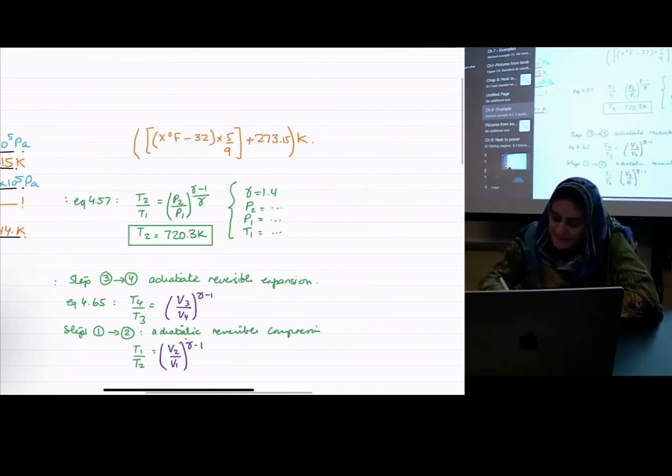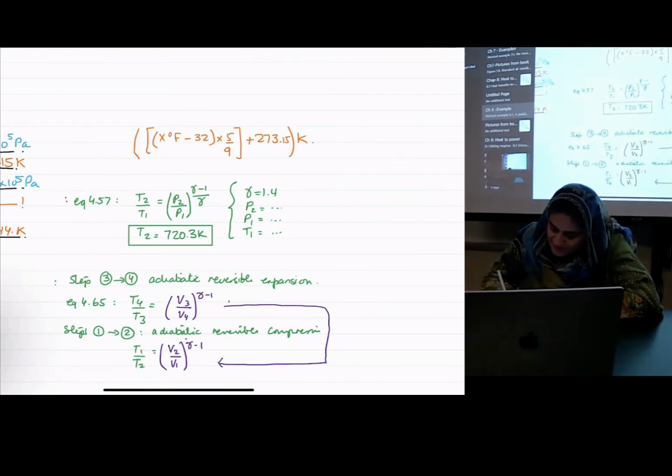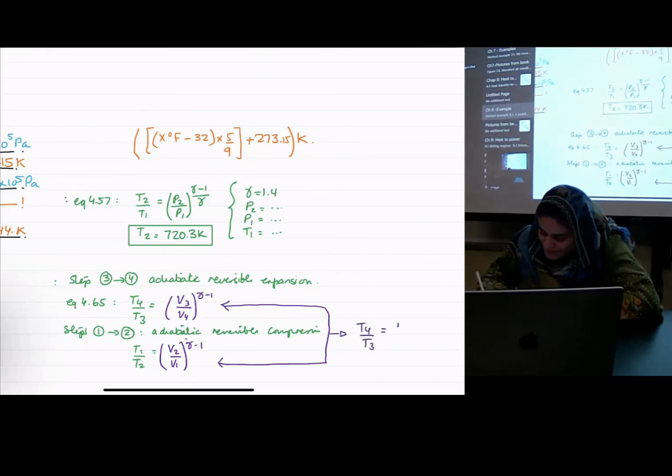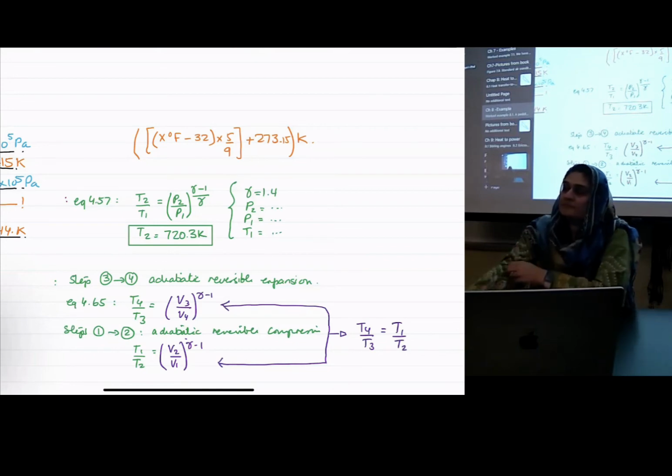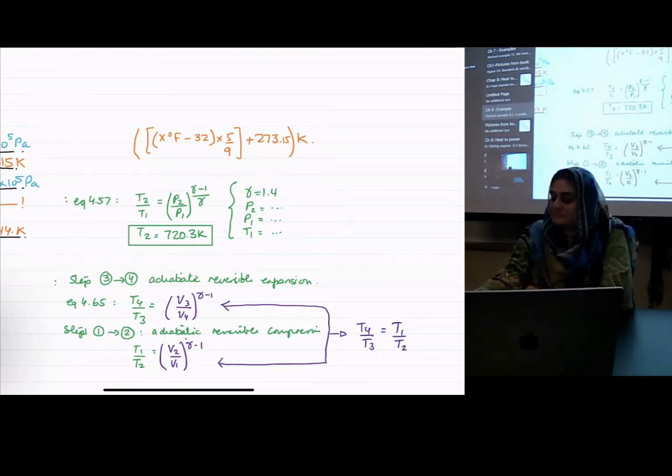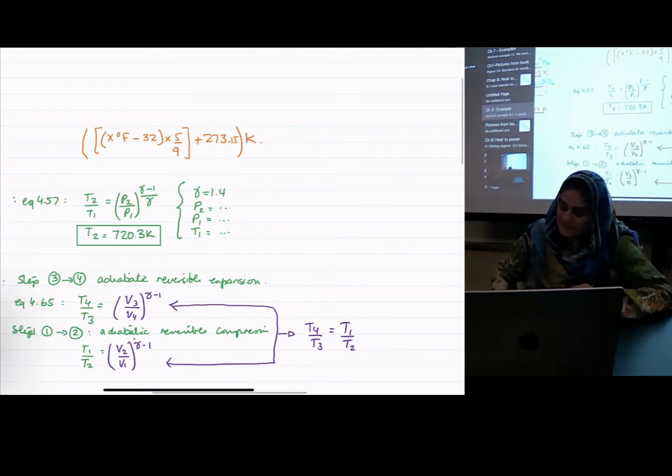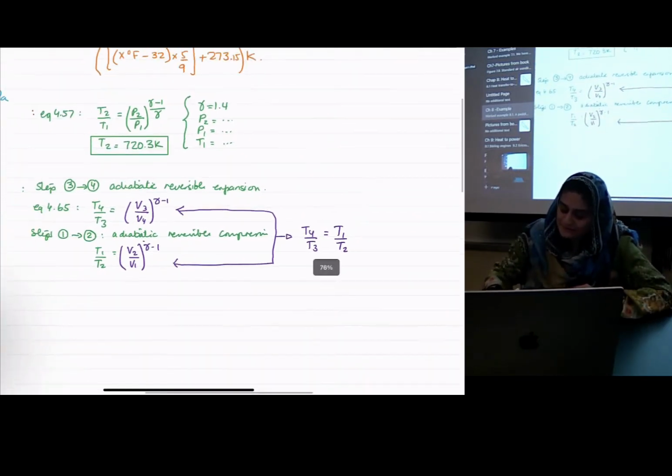That means, since the right-hand sides will be the same, may I write this as T4 over T3 equals T1 over T2? Yes, good. Do I know T1?